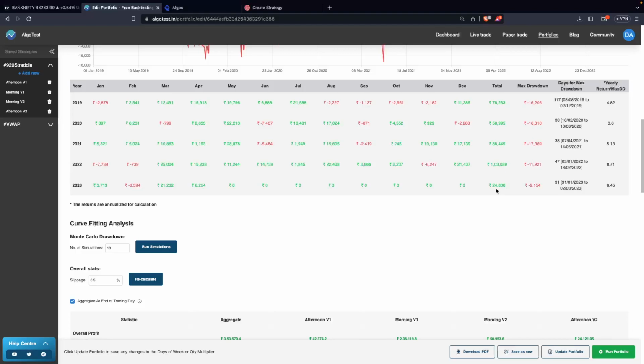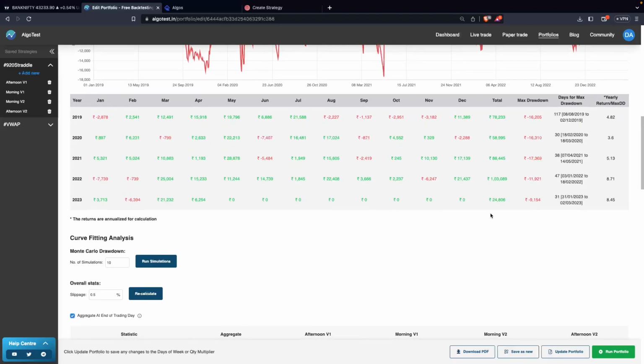For the current year, we have already got a profit of 25,800 rupees, which means that we have already completed 100% ROI in the first 4 months of the year. Also, we are left with 4 more months in the year, and we are hoping that we will be able to cross the 1 lakh mark this year too.